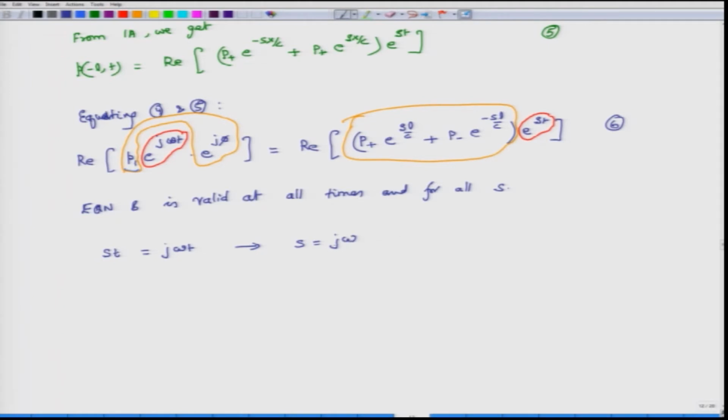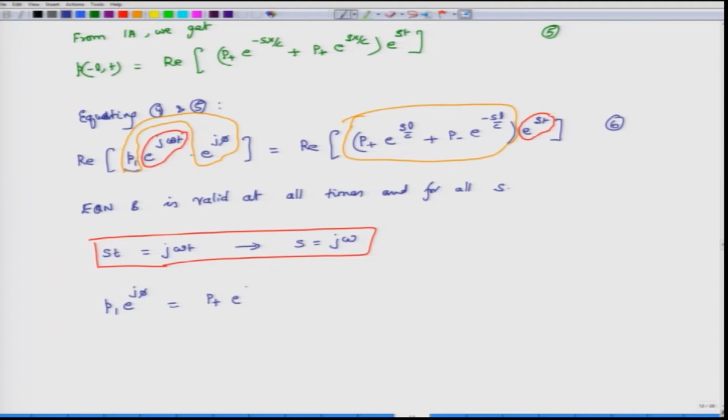So, this is from the equalities of terms in red, and then once we substitute it, we get the other equality P1 e to the power of j phi equals P plus, and now instead of s I substitute the value of j omega.